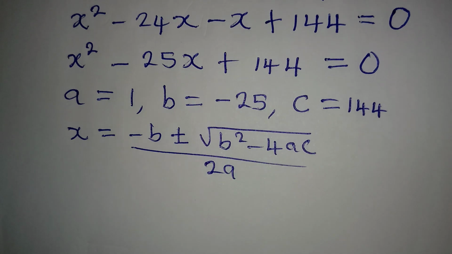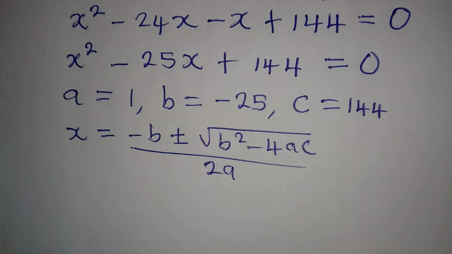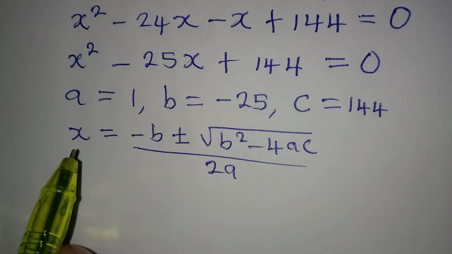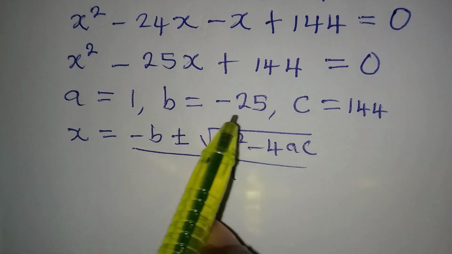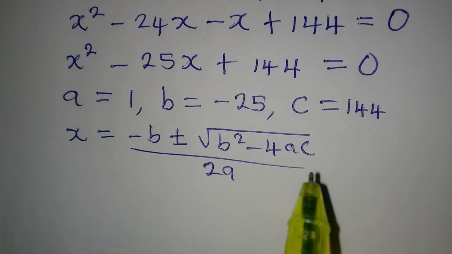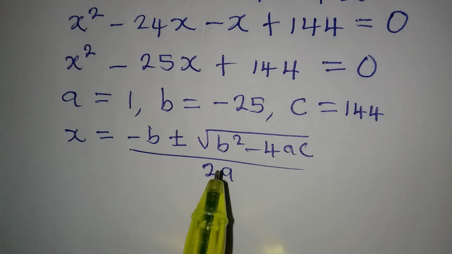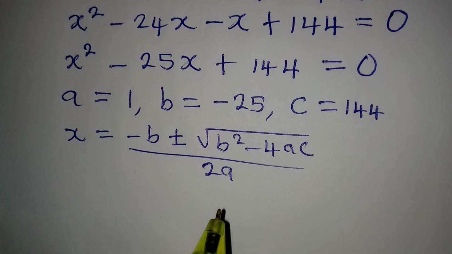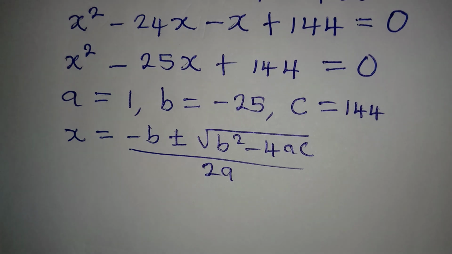So because we will be having a, b, and c in the formula, that is why we got a, b, and c before the formula. So what we'll do now is direct substitution into the formula, right? Let's keep going.